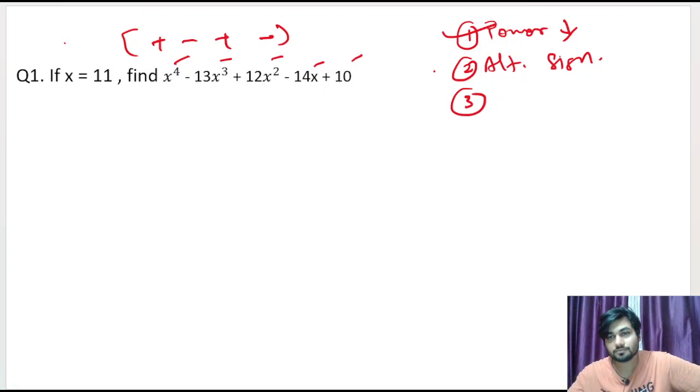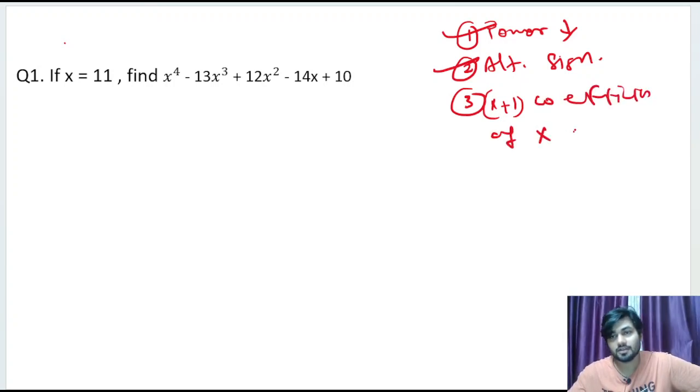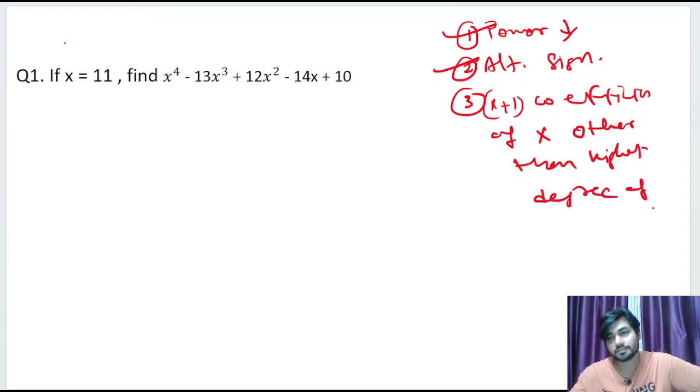The second is also fulfilled. The third was a very interesting one that I need to explain once again if you have forgotten it. The third one was that x plus 1 should be the coefficient of x other than the highest degree of x.